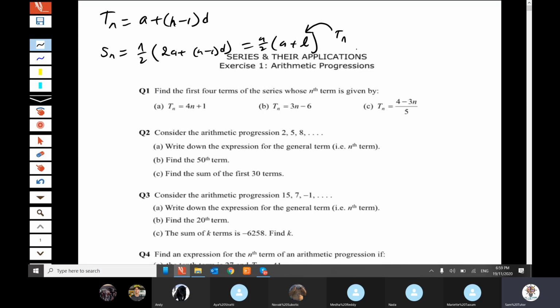There's always going to be more, but if it's the fifth, that is the last term you were interested in. That means there was a first term, a second term, a third term, a fourth term, and you're stopping at the fifth term. That's the logic. So for the harder ones, you'll need L is Tn.